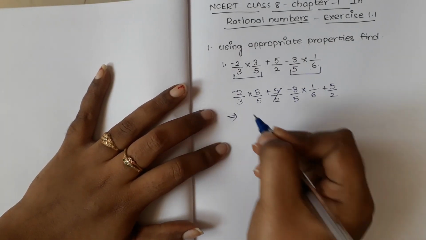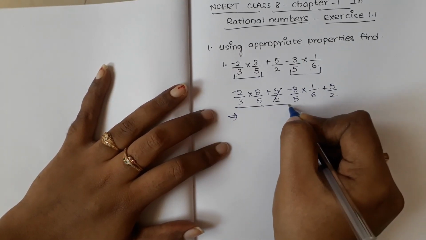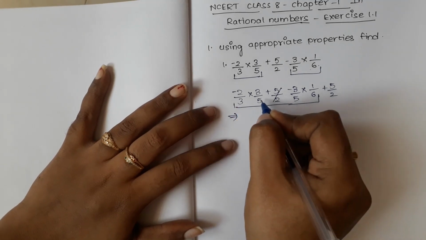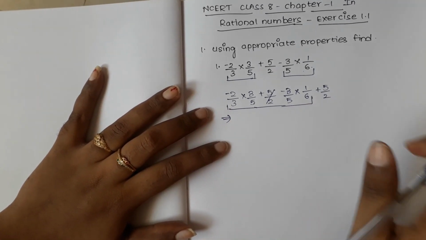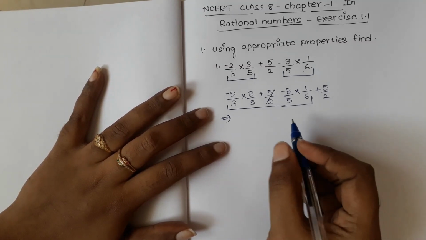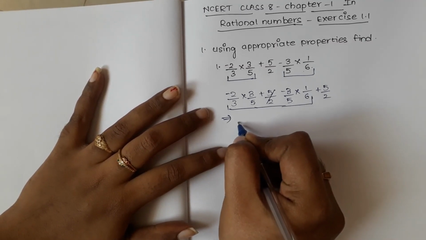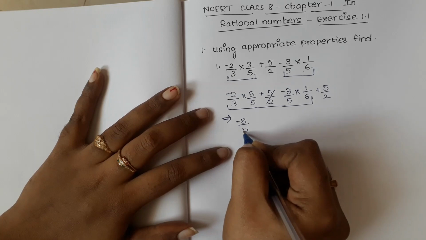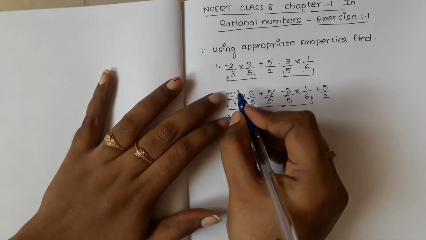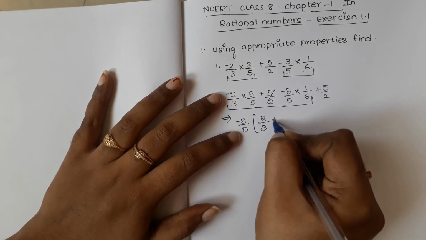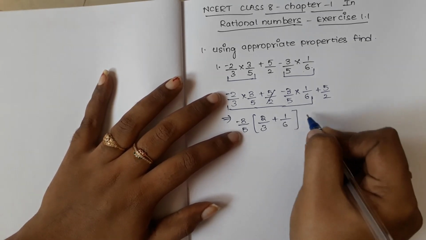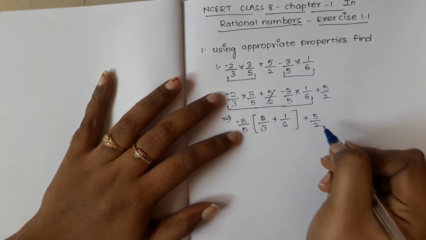Now from these two we have 3 by 5 as the common. By using the commutative property, minus 3 by 5 should be taken common: 2 by 3 plus 1 by 6, plus 5 by 2.